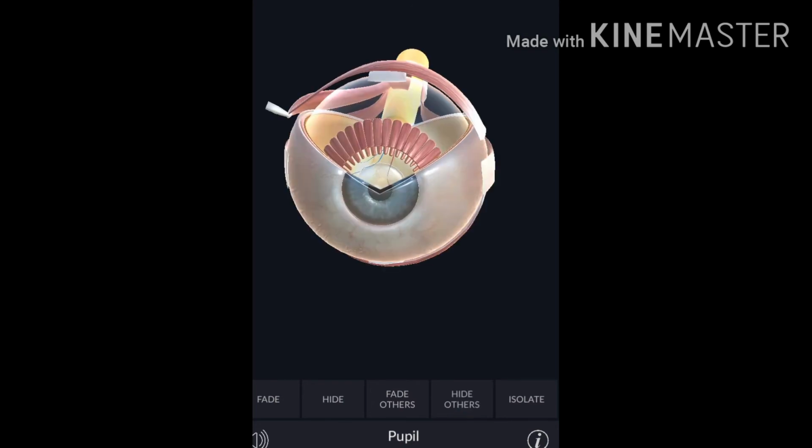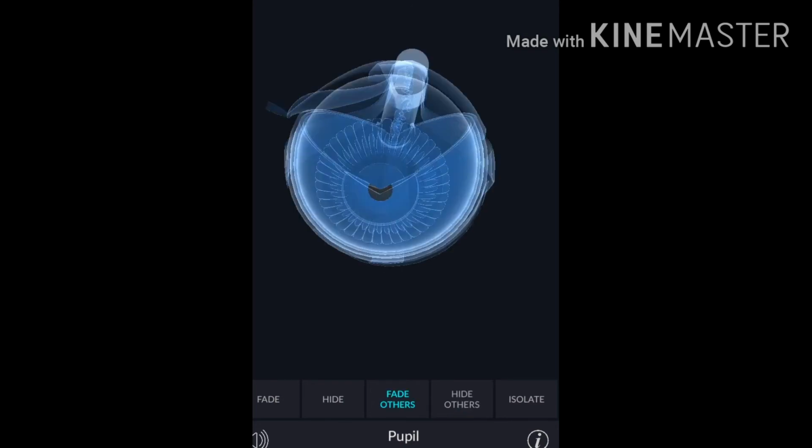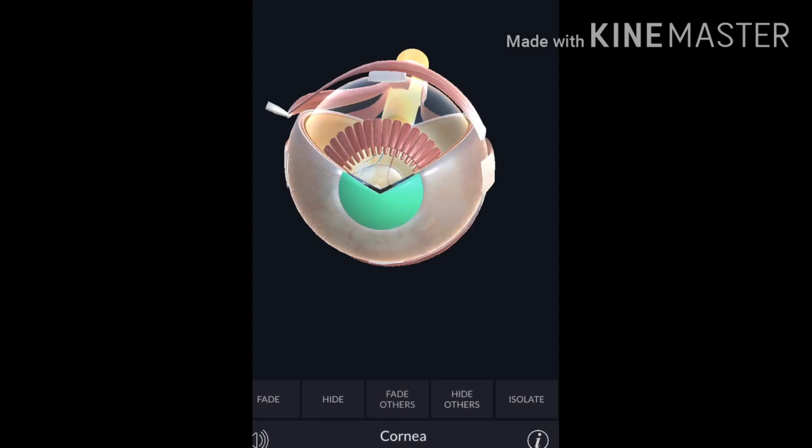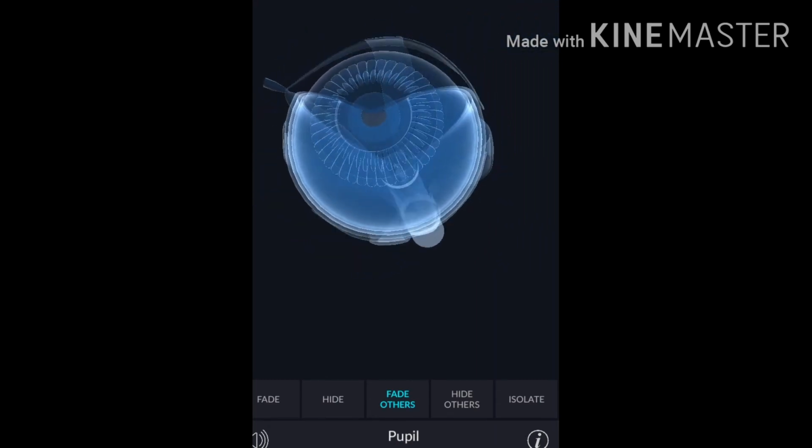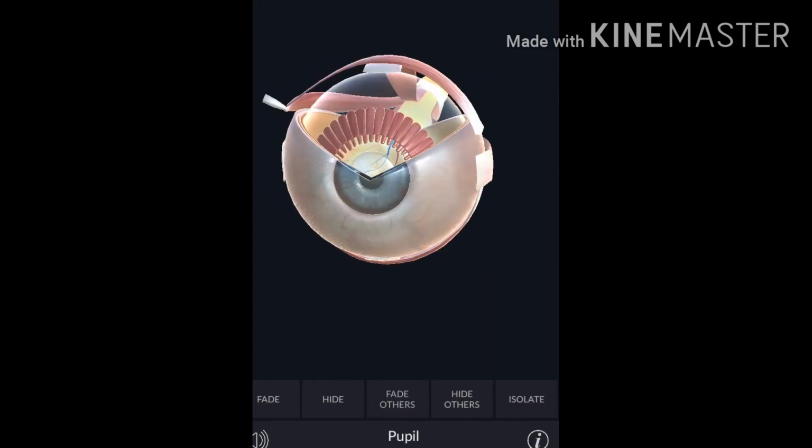This is the blackish portion in the lens, and that blackish part is called the pupil. Now if I show you that small portion of the pupil, you can easily see that it lies in the center of the eye.